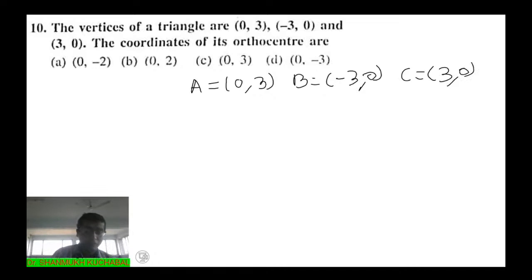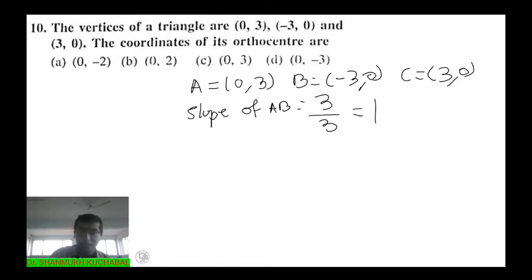Now we will calculate the slope of AB. Slope of AB is the y coordinate difference over the x coordinate difference. So 3 by 3, we get 1.